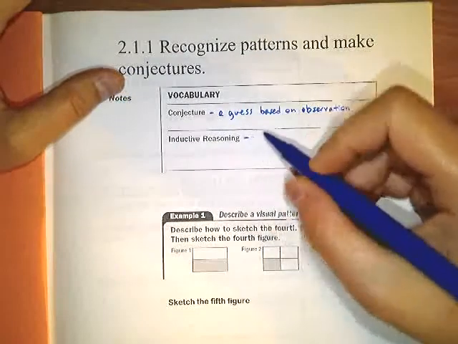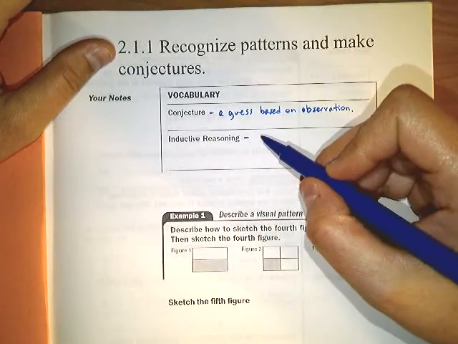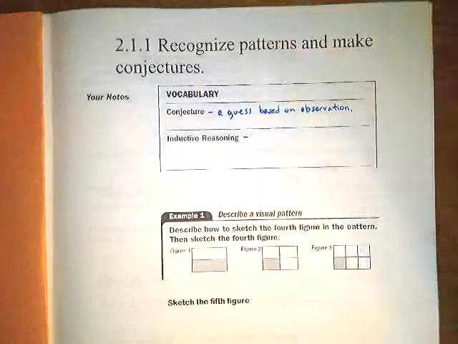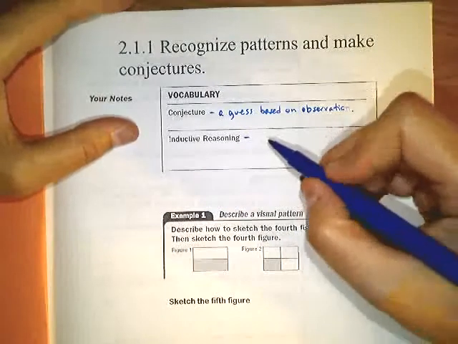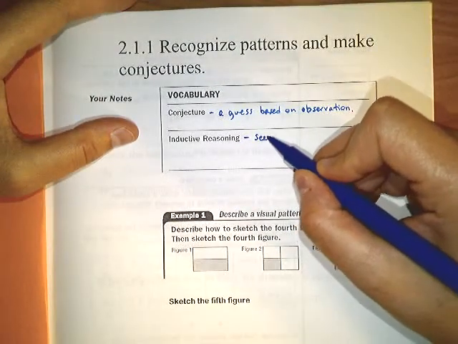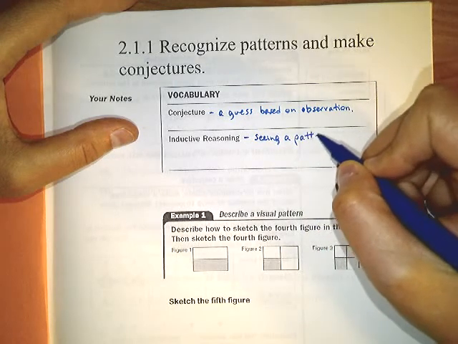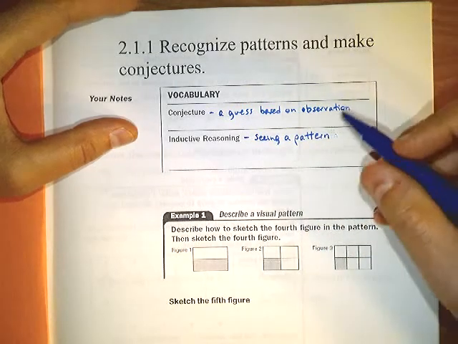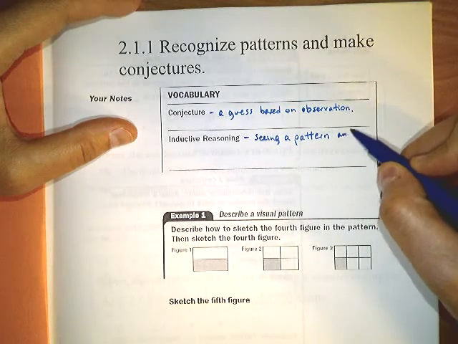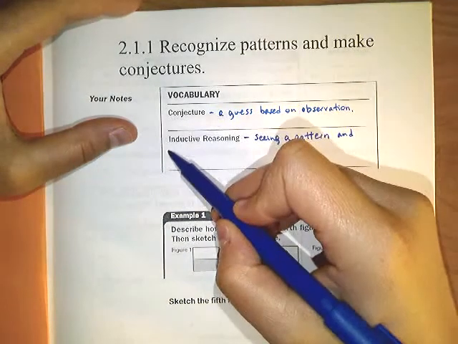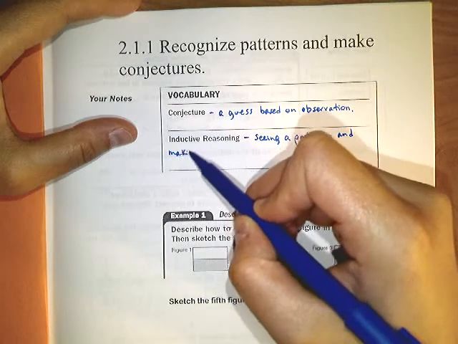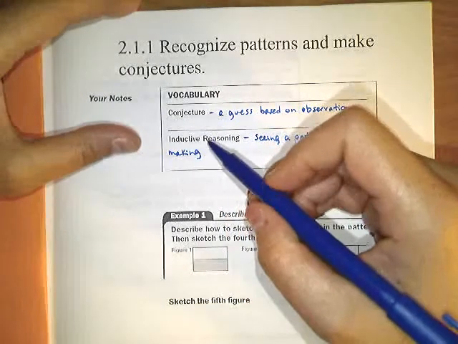Inductive reasoning is a thinking pattern where we put all these observations together and we say, hey, I'm seeing a pattern. And from that pattern, I'm going to make a conclusion about what I think is probably true.